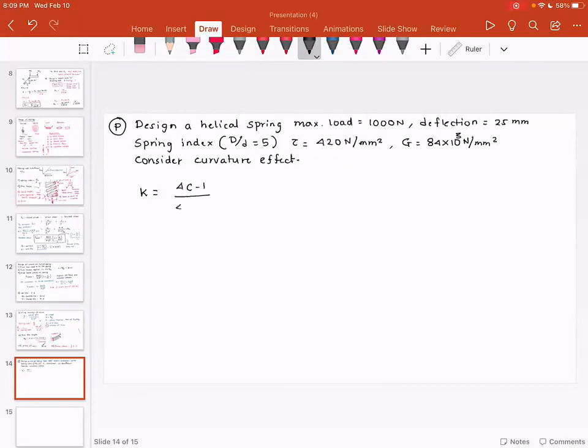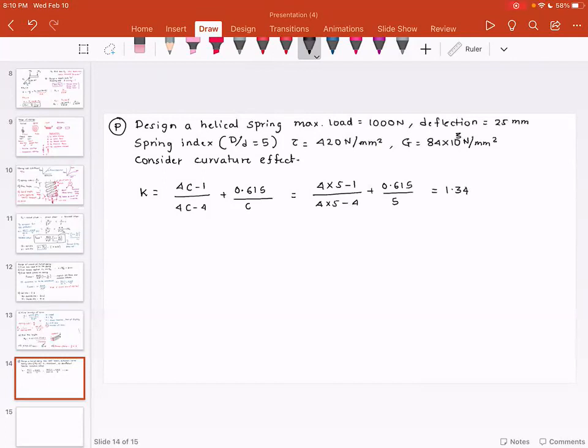The Wahl factor is given as (4C minus 1) divided by (4C minus 4), plus 0.615 divided by C. For this equation, 4 times 5 minus 1, 4 times 5 minus 4, plus 0.615 divided by 5. So the Wahl's factor is going to be 1.34.